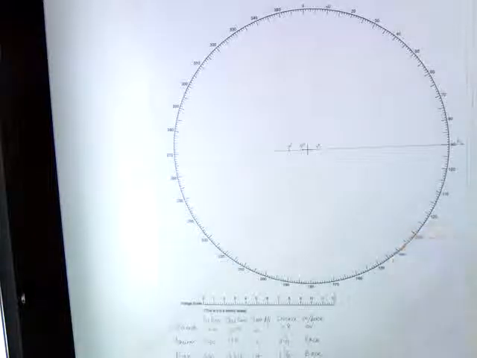So all you've done is set up your plotting sheet so that you can compensate for the time differences here.